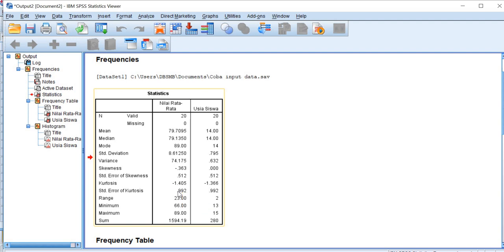If the skewness ratio or kurtosis ratio is lower than plus or minus 2, it means that the data is distributed normally. However, if the skewness ratio and the kurtosis ratio are higher than positive or negative 2, it means that the data is not distributed normally.